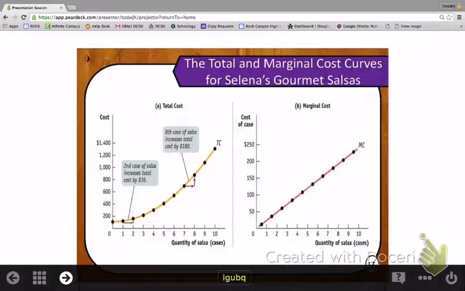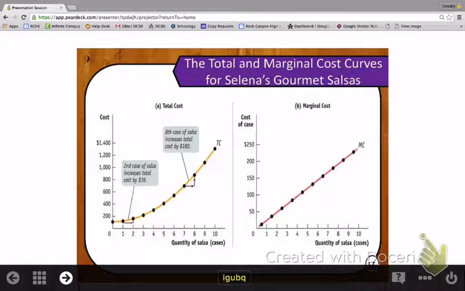So if we graph Selena's gourmet salsas, we can see her total cost curve in panel A and her marginal cost curve in panel B. Her total cost curve, as we see, is continuously rising because total cost rises as you produce more, but it rises slowly in the beginning. So the second case of salsa increases her total cost by only $36, but when she produces her 8th case of salsa, her total cost goes up by a whopping $180.